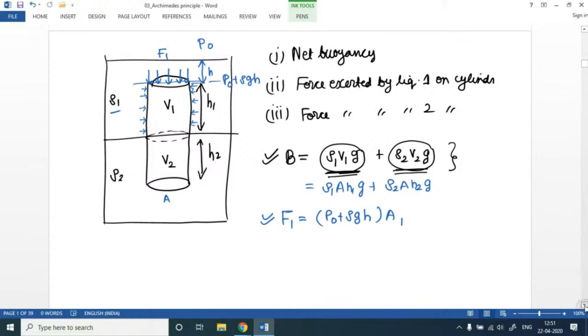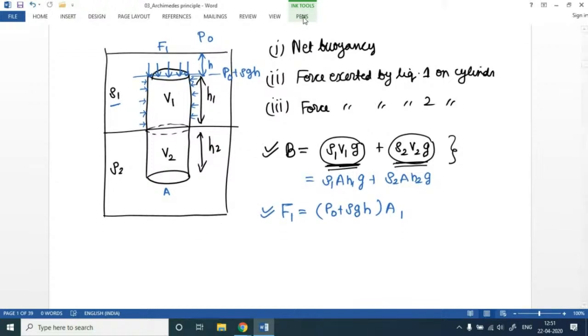Now let's find the force exerted by liquid 2. Again, liquid 2 will not be exerting any force horizontally. The net force in the horizontal direction is going to be 0, so the force exerted by this liquid on the vertical face of the cylinder is 0.